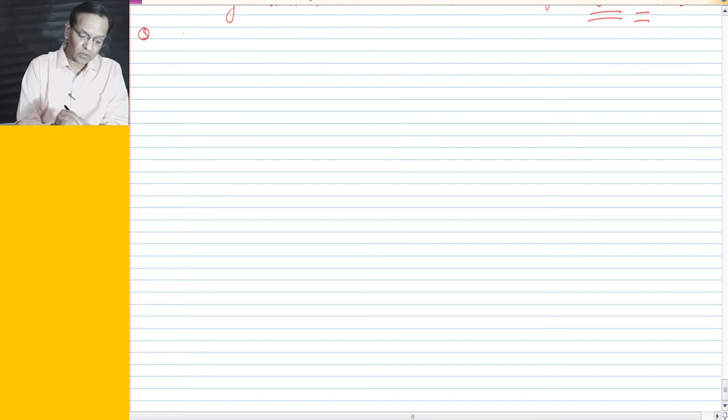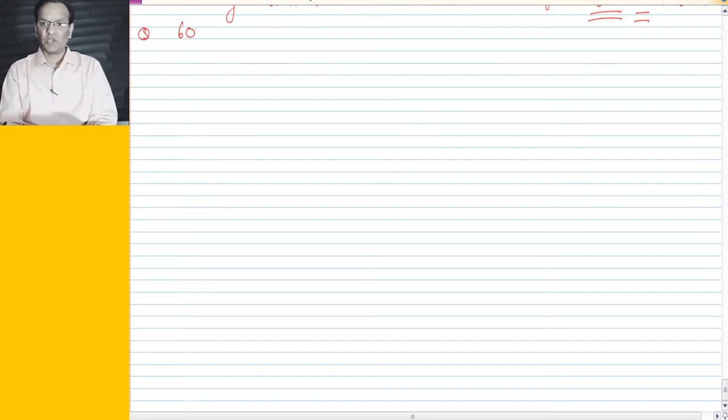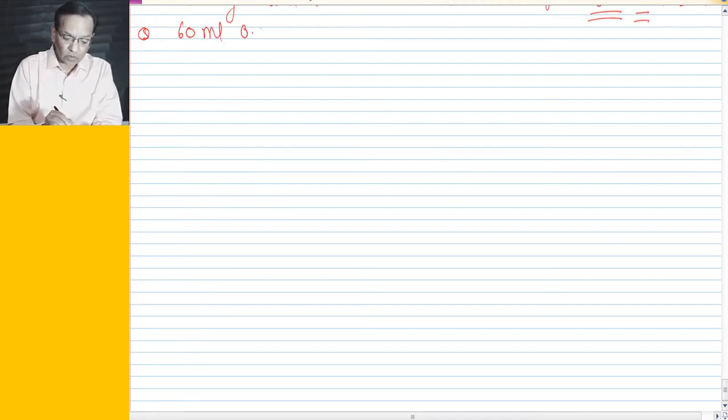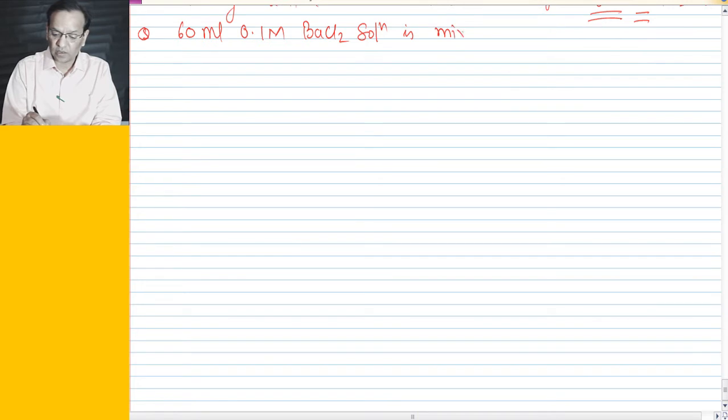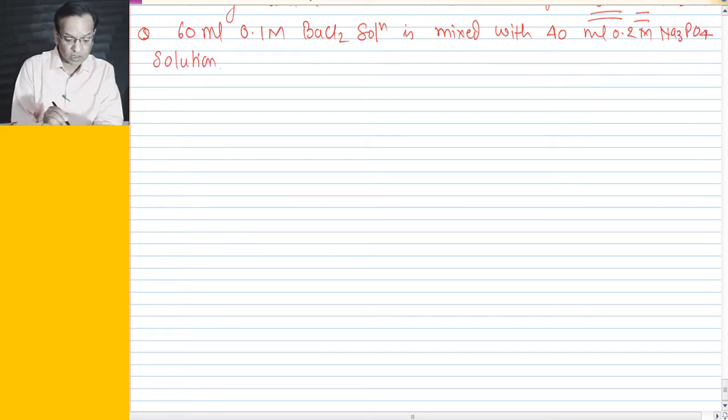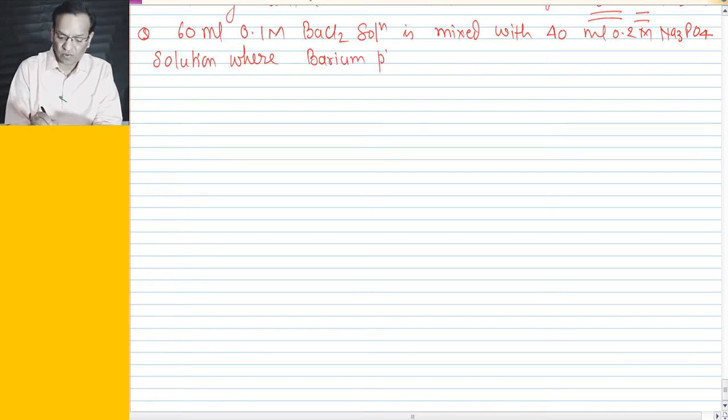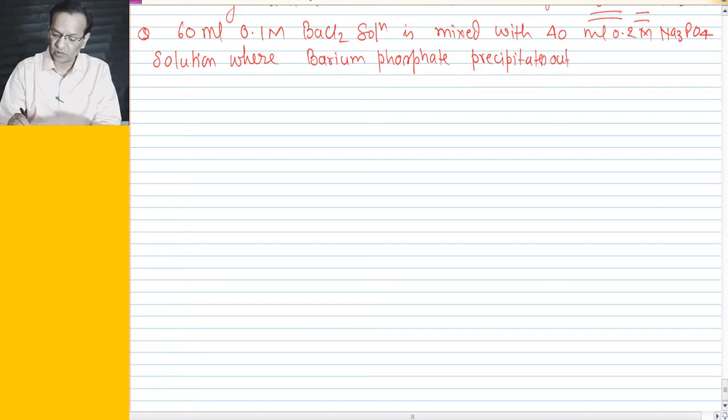A question is that 60 ml of 0.1 molar barium chloride solution is mixed with 40 ml of 0.2 molar sodium phosphate solution, where barium phosphate precipitates out.